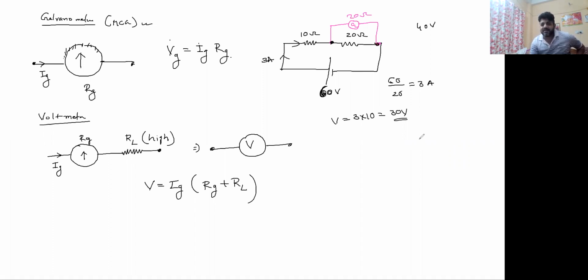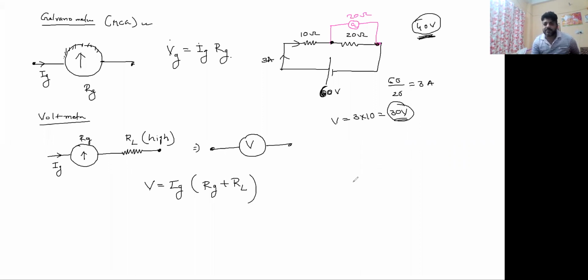And your expectation is how much? 40 volt. You are measuring 30. So a difference of 10 volt came.